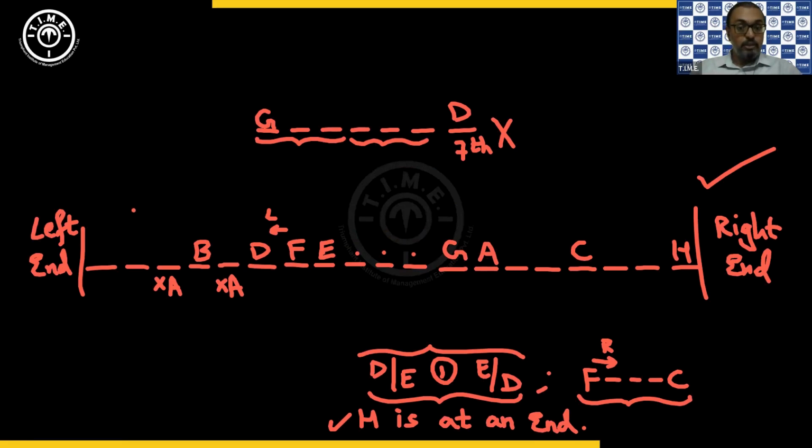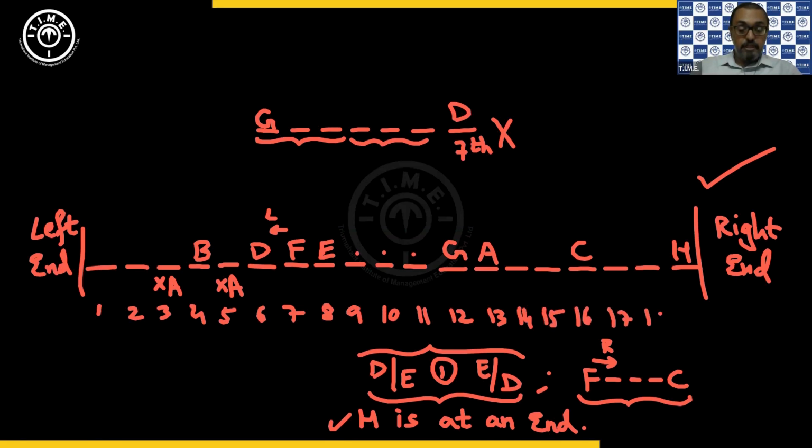If I count the total number, we have 1, 2, 3 up to 19, so there are 19 persons in the arrangement.